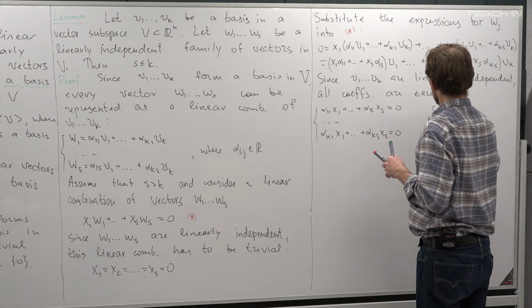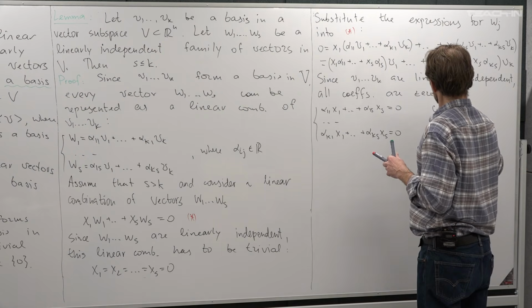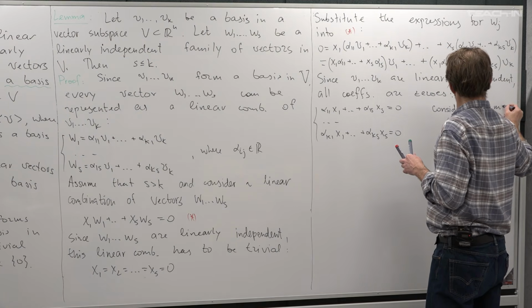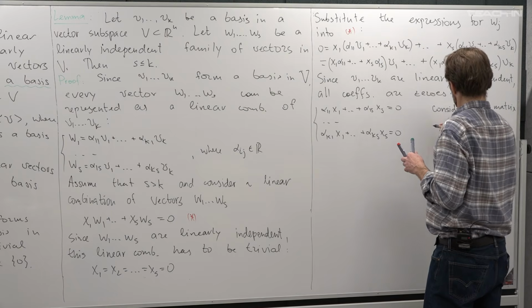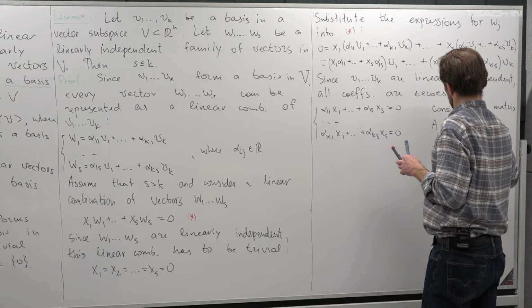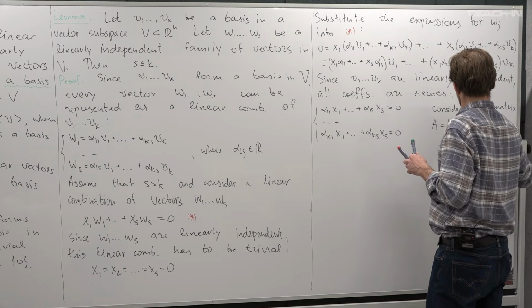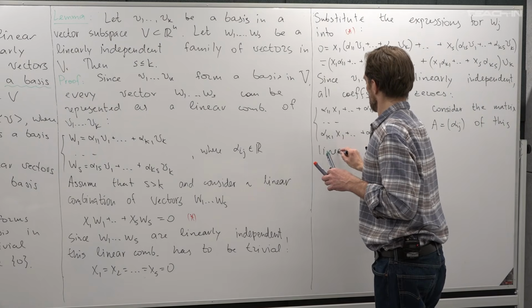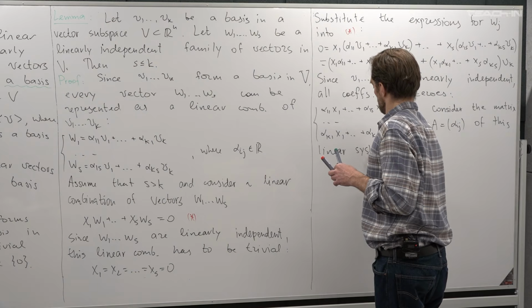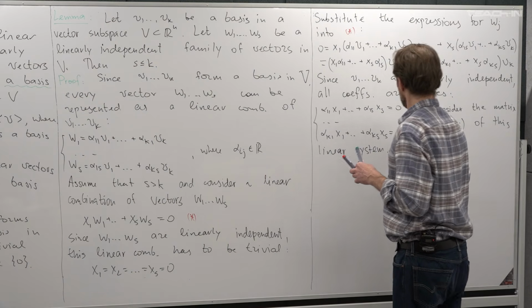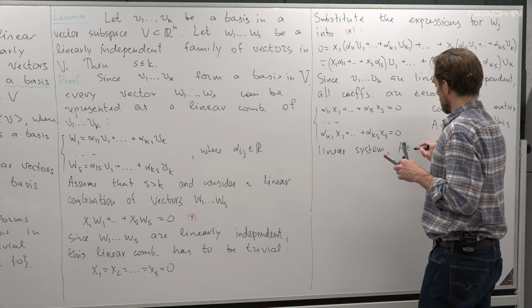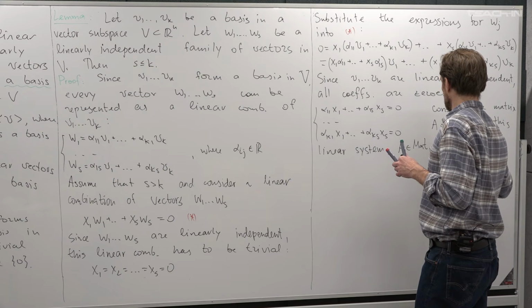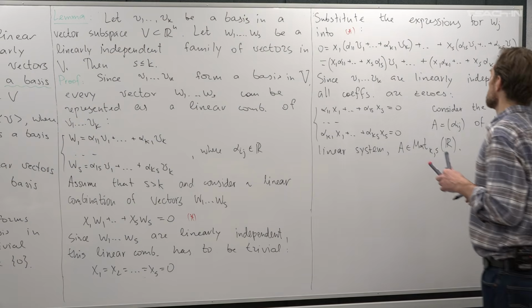So consider the matrix of this linear system. A is a matrix with k rows and s columns, and with real entries.